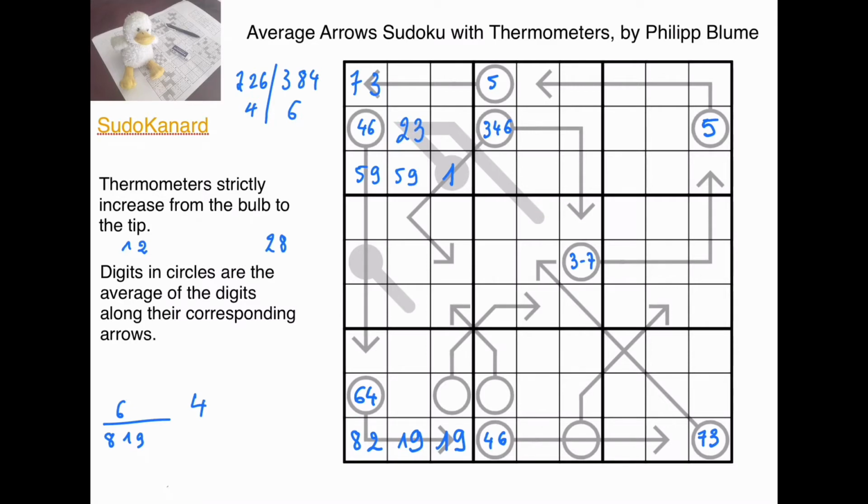And let's say 9, 8, 7. 7 is possible, I guess. But not 4, 5, 6, not 3. So this can only be 3 or 7, I think, which would make this a very nice pair.